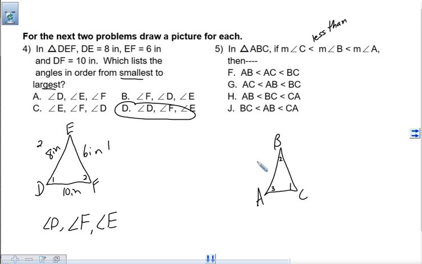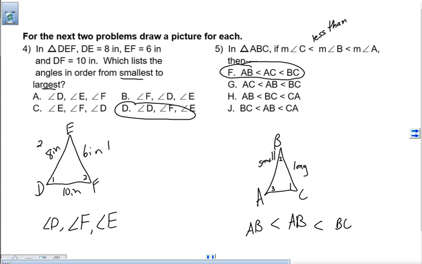This means that AB is our smallest side, BC is our longest side because it's across from our longest angle, and AC is our middle length side because it's across from the middle size angle. So AB is our smallest one, BC is our largest one. That gives us F.